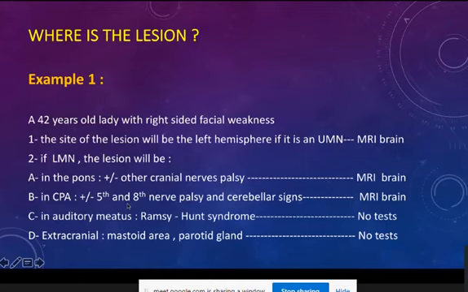If she had a scar behind the ear, or parotid gland enlargement, parotid stone, or parotid tumor. I hope this example is very clear. So the site of the lesion is different for every patient. If you take 6 or 7 patients with the same right-sided facial weakness, the site of the lesion is different, and the treatment is different, and the investigation is different.